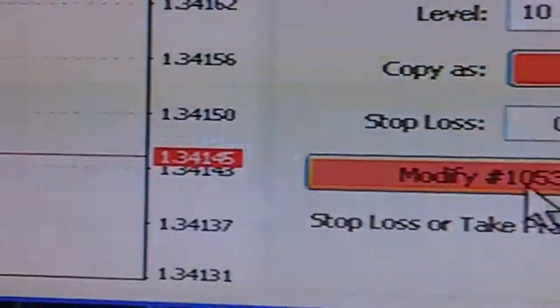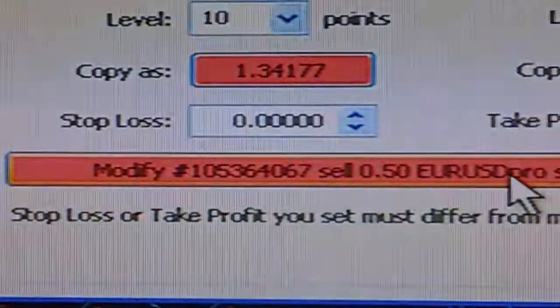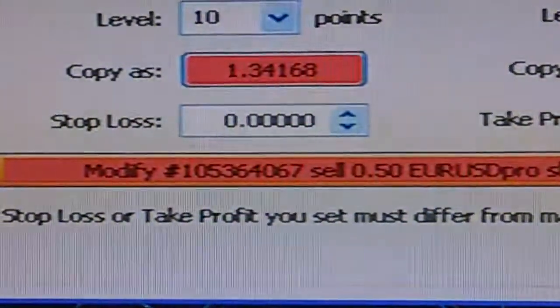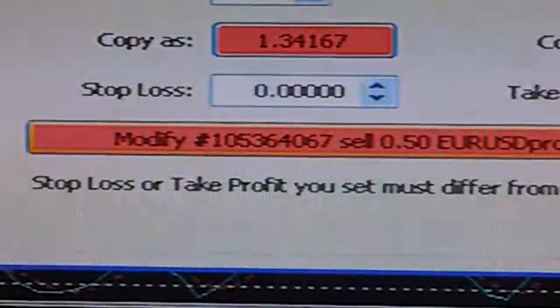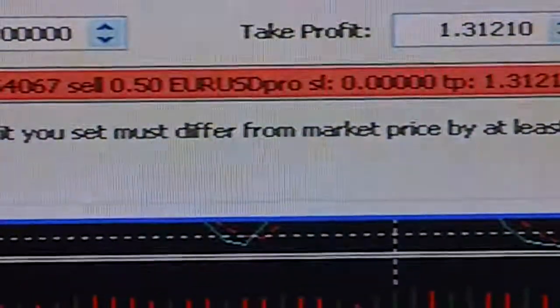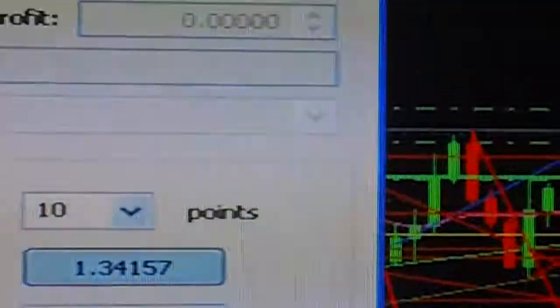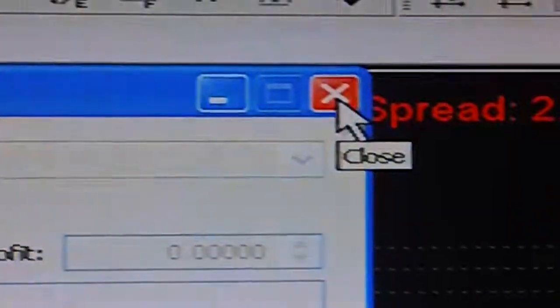If it gets down to here, I'll have it cash my trades out automatically. I've put in an order to modify this and put in a stop loss. If it turns around, then I'll get out of the trade. But I'll let you know how this pans out in a couple days.